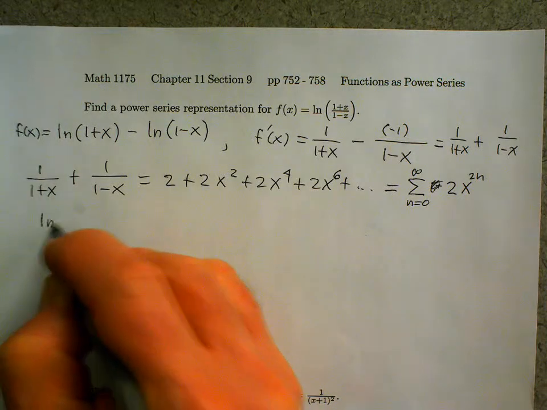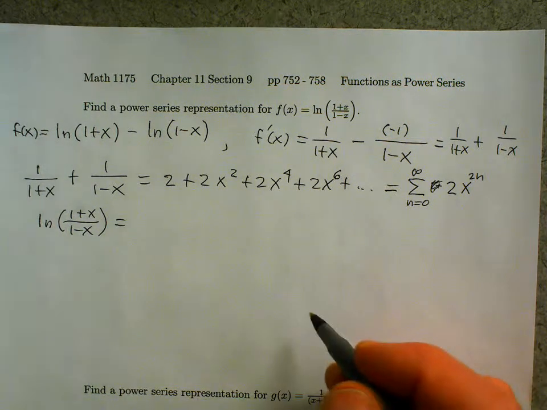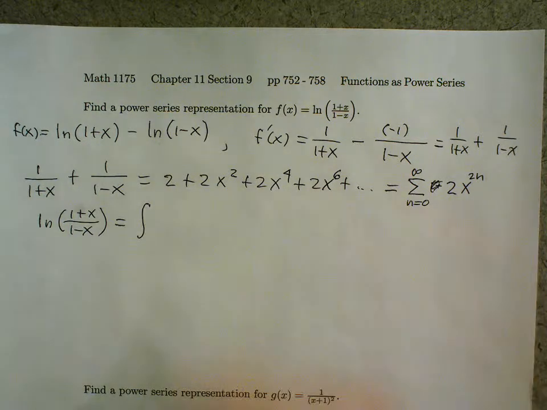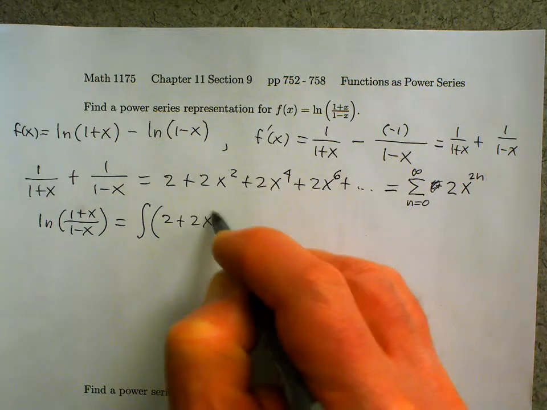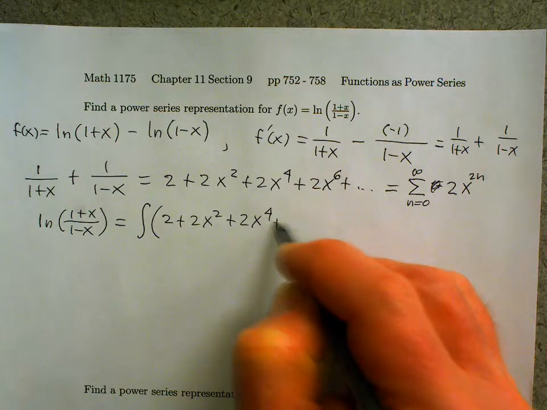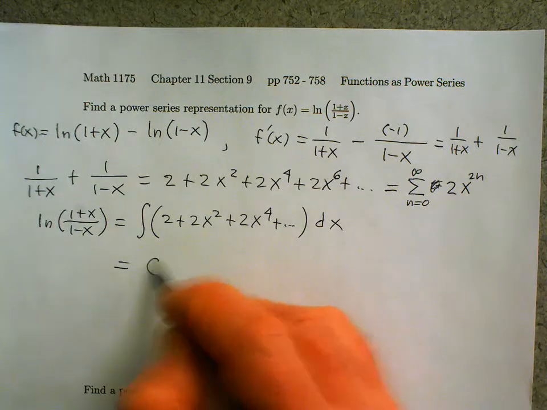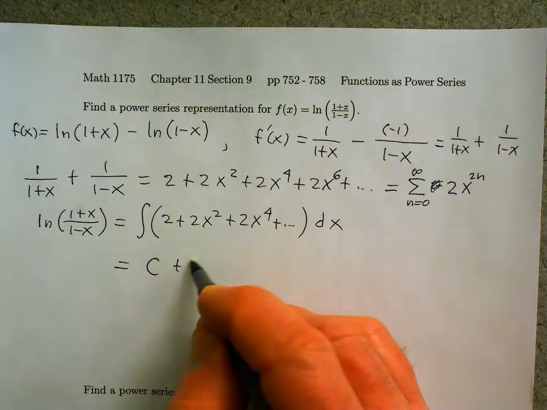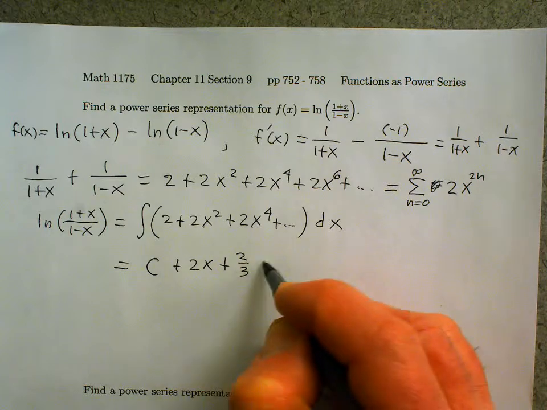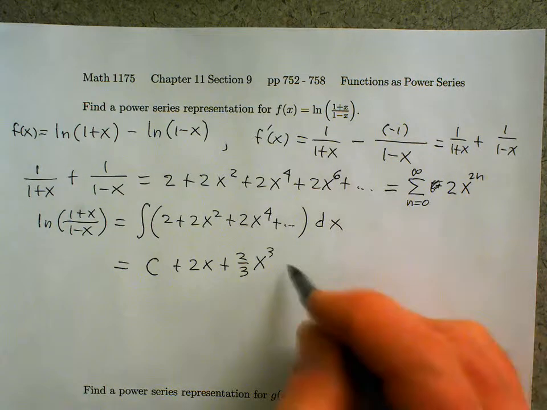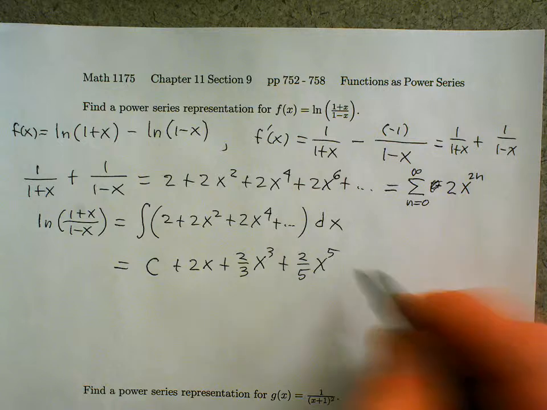So the natural log of 1 plus x over 1 minus x is equal to the integral of this power series, so we get a constant of integration and then plus 2x plus 2/3 x to the 3rd plus 2/5 x to the 5th, and so on.